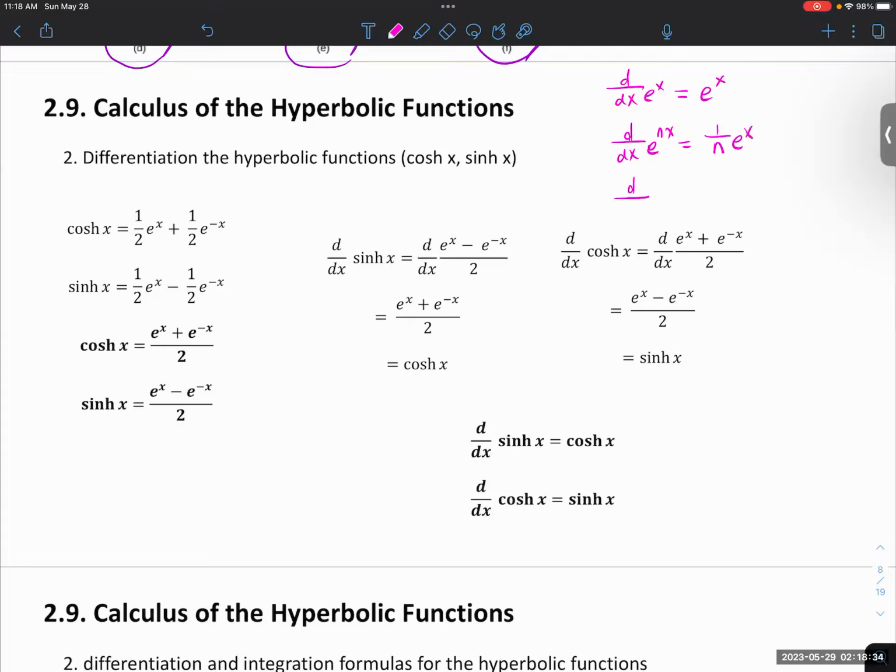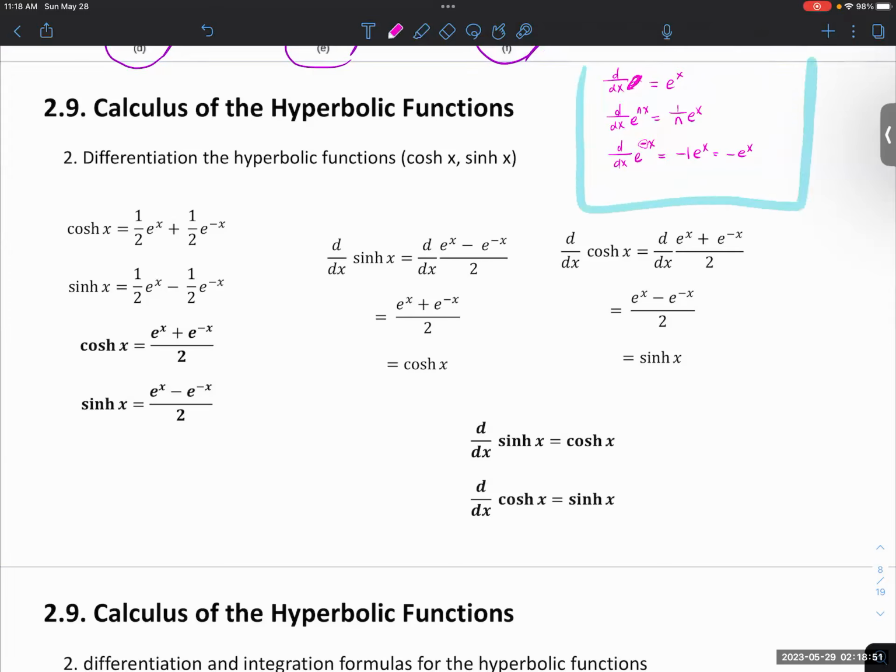So for example, d over dx of e to the negative x, you're going to flip over the negative: 1 over negative 1 is the same as a negative, so it'll be negative e to the negative x. Please remember the characteristic of e to the x. e to the x gives you e to the x; e to the negative x gives you negative e to the negative x. Because of that, the differentiation of cosh and sinh is going to be similar.